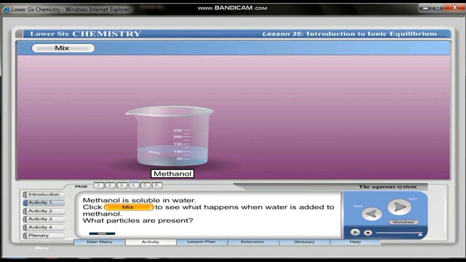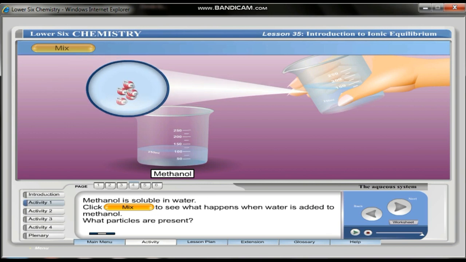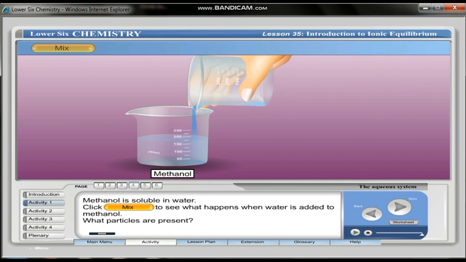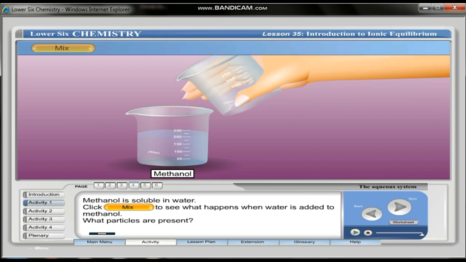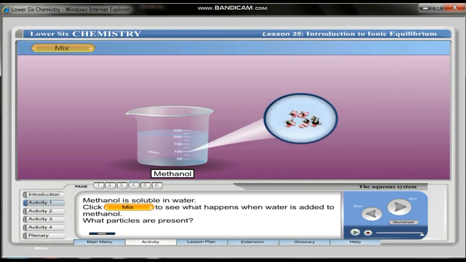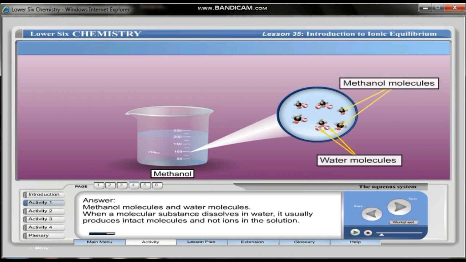What particles are present? Answer: methanol molecules and water molecules.